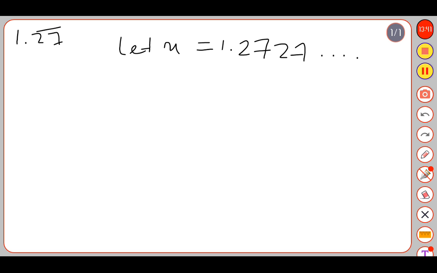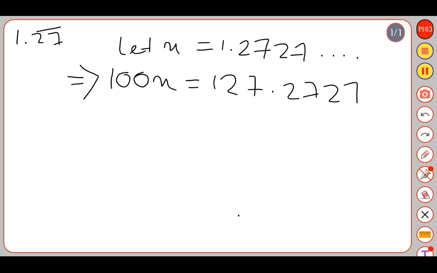Let's try 1.27 bar. So let x equal 1.27 dot dot dot. That implies we will multiply by 100 here, as there is a bar upon two numbers. So 100x equals 127.2727 dot dot dot.